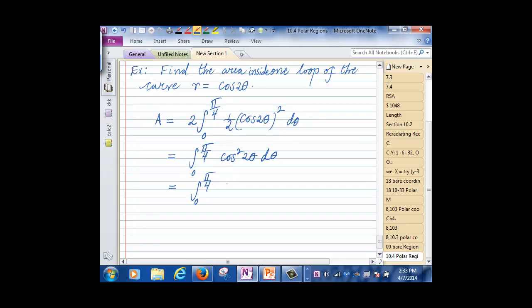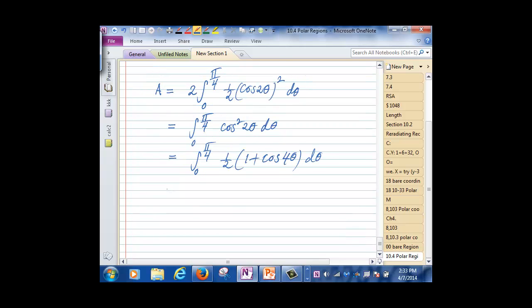What's the identity again? Half of 1 plus cosine, in this case 4 theta, right? And we get the integral from 0 to pi over 4 of half plus half cosine 4 theta.